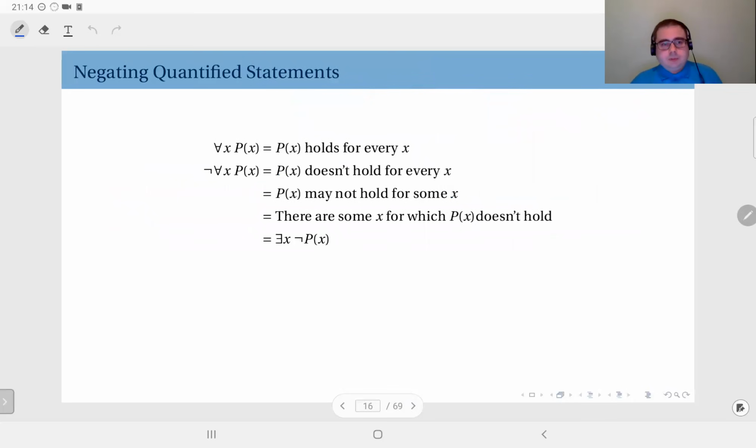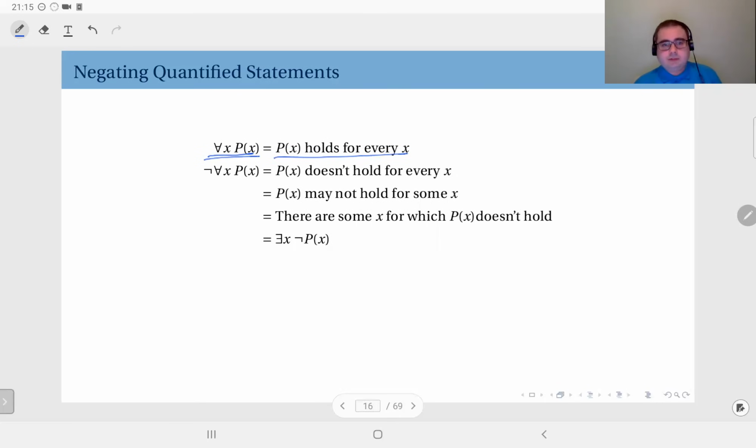Next we'll look at how to negate quantified statements. And essentially, this also summarizes the relationship between the two foremost quantifiers, for all and exists. Now, consider the meaning of this statement: for all x, p of x. This means p of x holds for every possible x.